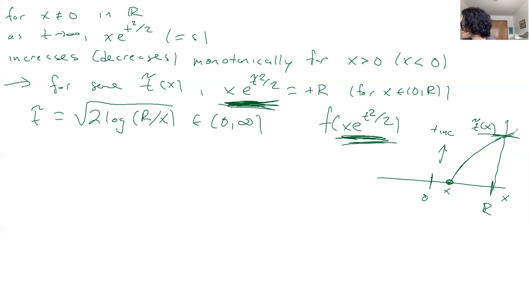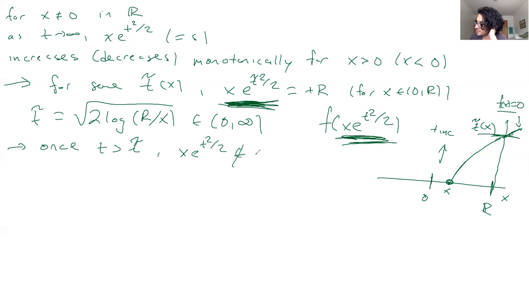And beyond this point, f evaluated along this curve is equal to 0, because you're outside that region of support. So essentially, once t is greater than t tilde, then x e to the t squared over 2 is no longer in this region, so u is equal to 0.